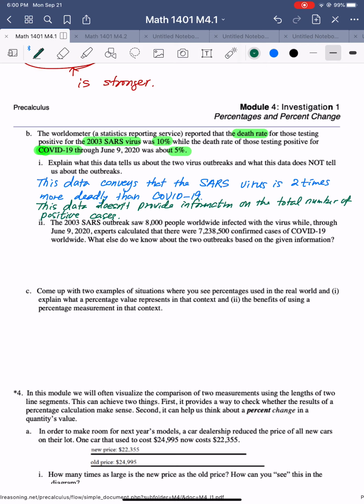Number 2, the 2003 SARS outbreak saw 8,000 people worldwide infected with the virus, while through June 9th, 2020, experts calculate that there were 7,238,500 confirmed cases of COVID-19 worldwide. What else do we know about the two outbreaks based on the given information?